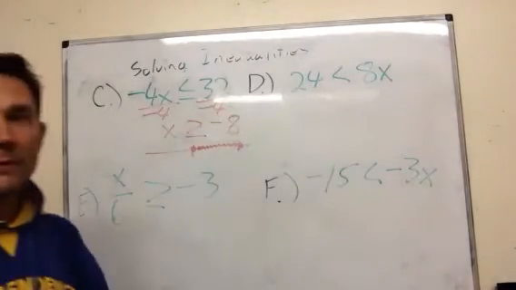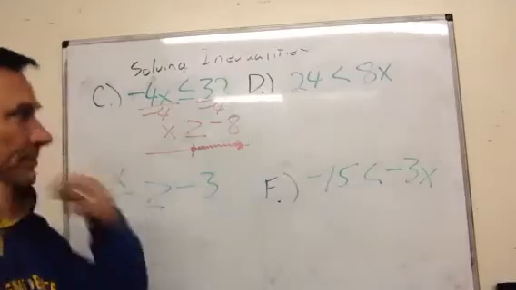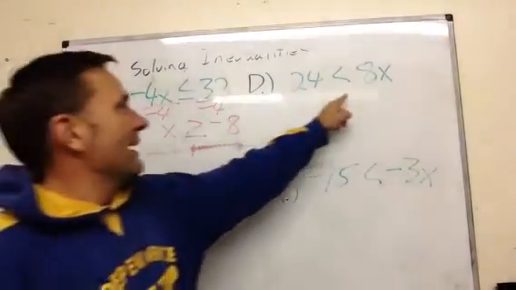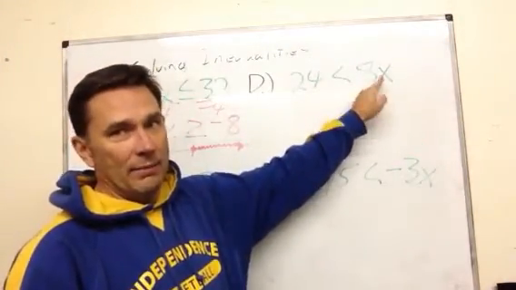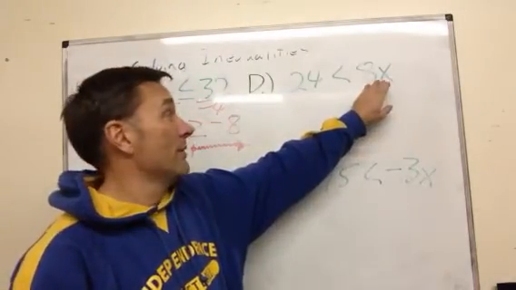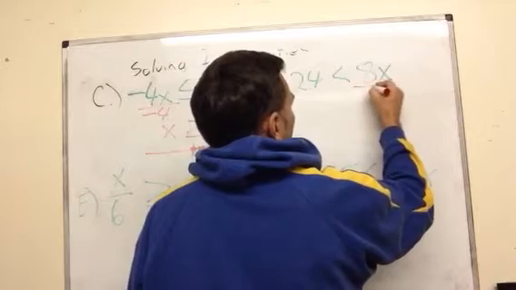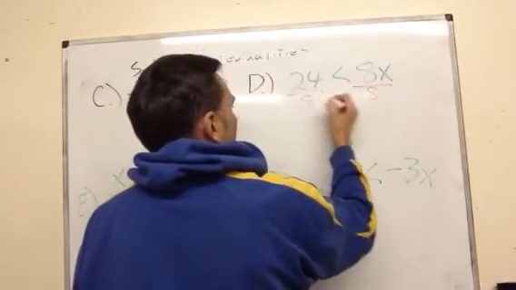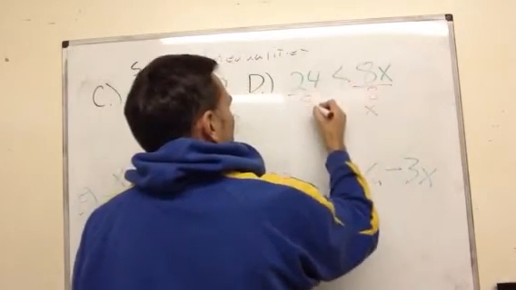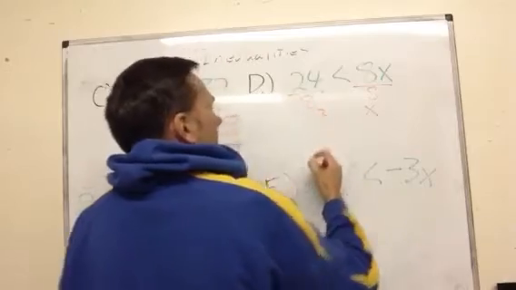Now, what is different about letter D? The variable is on the right-hand side. Make sure we're always looking to find out where the variable is. Here we have to divide by 8. This becomes x, this becomes 3.